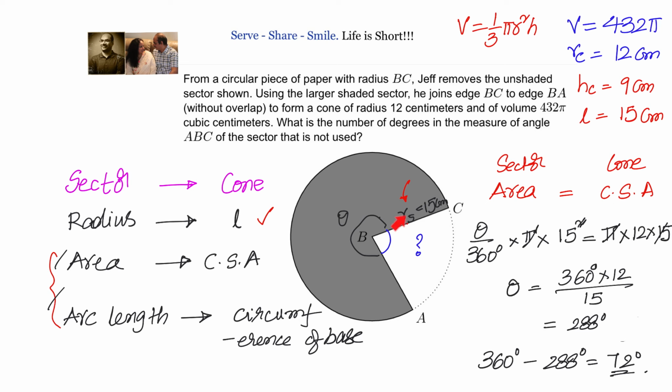Then we can leverage either of the other two conditions: sector area equals cone CSA, or arc length of the sector equals the circumference of the base of the cone. Either one lets us calculate the central angle theta. Then what we want is the reflex angle, that is 360 minus 288, which we got as 72 degrees.